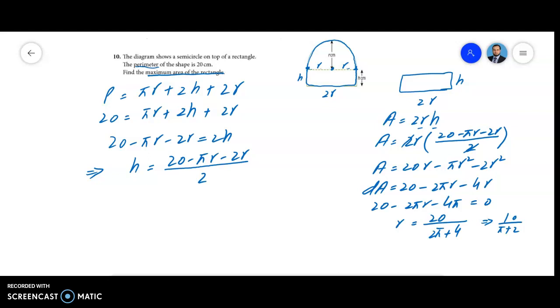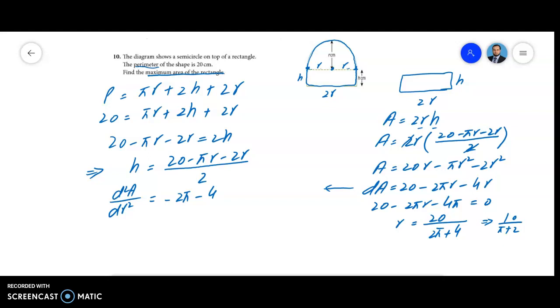So then from here we know this value, and then we need to check whether it's a maximum or not, so we will use the second derivative test. If we find the second derivative, d square A over dr square will be equal to minus 2 pi minus 4.